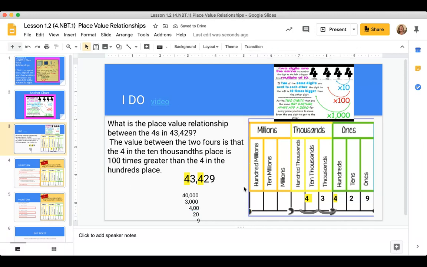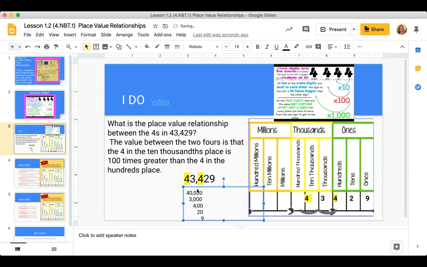And if we wanted to check that, again, we go here and we see that we have a 4 in the hundreds and a 4 in the 10,000s place. If we use our swooping strategy, 10 and 10 is 100. So, again, the 4 in the 10,000s place is 100 times greater than the 4 in the hundreds place.